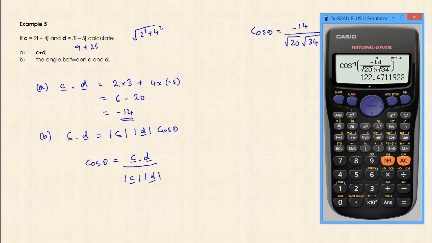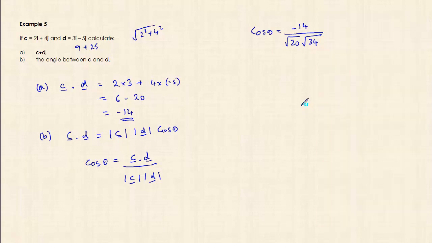And that gives us 122.5 degrees to 1 decimal place. So we can say that theta is 122.5 degrees, correct to 1 decimal place. If we were after the acute angle, which is often what's asked, we just take this away from 180.